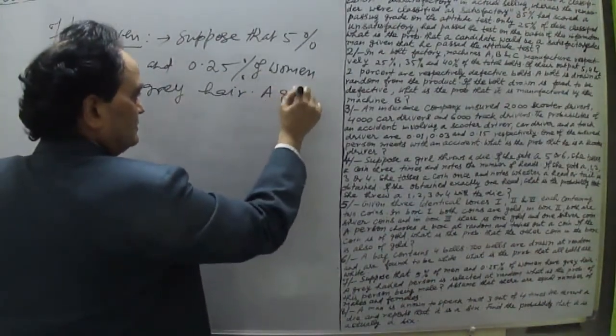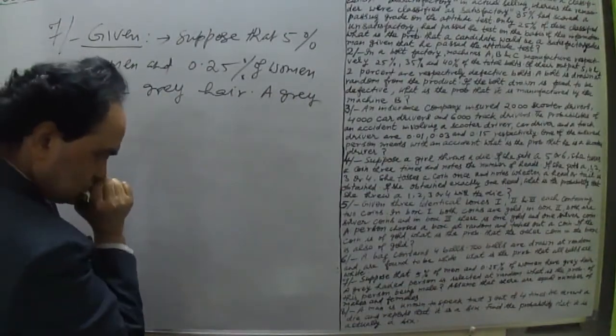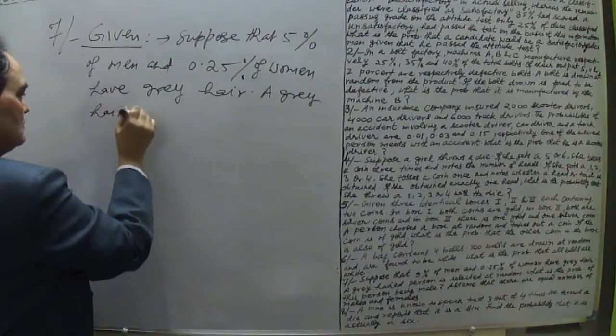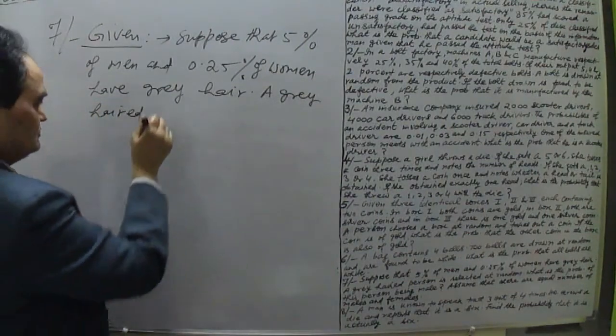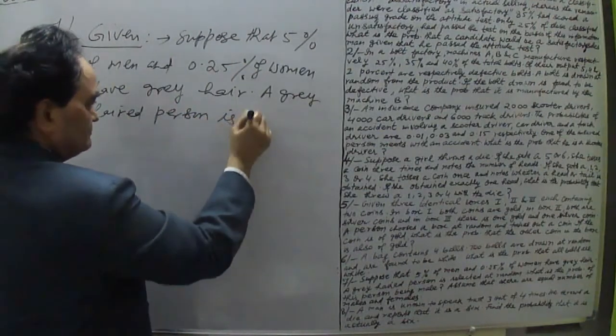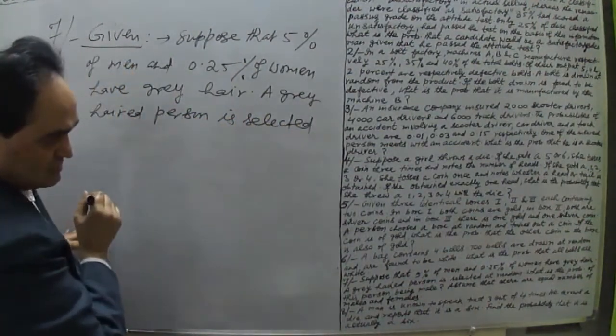Then it further says a gray haired person is selected at random.